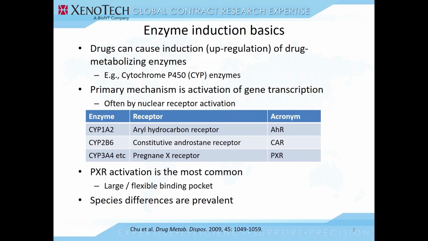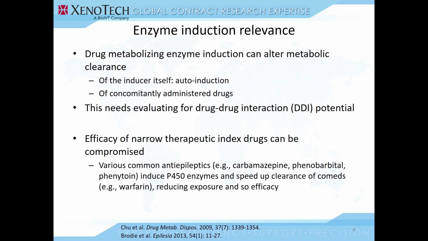Something that's important to note, the reason that this is hugely important from an in vitro perspective is that species differences in this arena are huge, and animal models are very poor predictors of human induction potential. So when these proteins are overexpressed, that really impacts metabolic clearance of various comeds or sometimes endogenous substances.